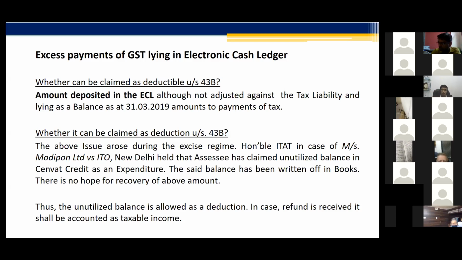So at least, even if your cash flow is blocked in the GST, you can take a tax benefit to that extent. Similarly, I can give you an example. There have been a lot of issues because in the diamond industry, there was a confusion under the GST and they came with a rate of 3%, if I'm not wrong. And then it was reduced to 0.25% somewhere in January 2019 or something.